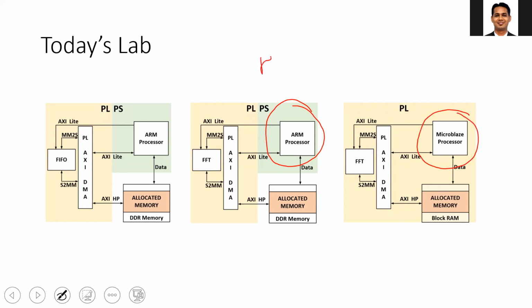As we discussed in the lecture, ARM is a hard processor, which is on separate silicon but on the same chip, while the MicroBlaze is a soft processor, a RISC processor implemented using the FPGA resources. And in the lecture, we have seen that the MicroBlaze processor offers a lower throughput compared to the hard processor.